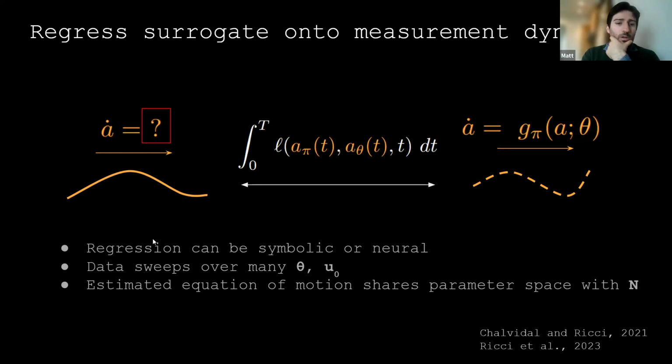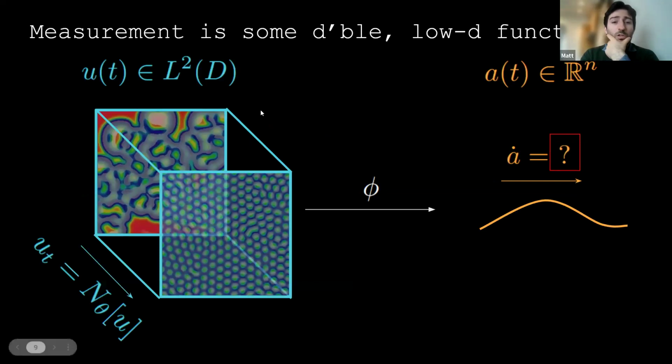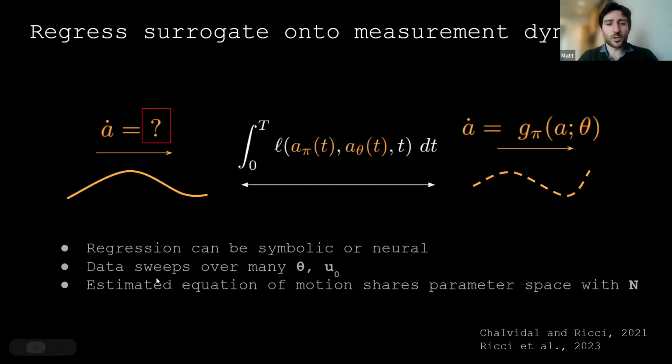And the data that we use for regression consists of the original high-dimensional solutions over many parameter settings and over many initial conditions, construed as images in this low-dimensional measurement space. We're going to think about the data as sweeping out over parameters and initial conditions.